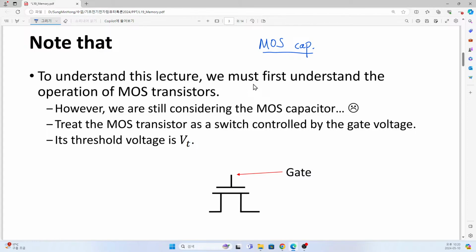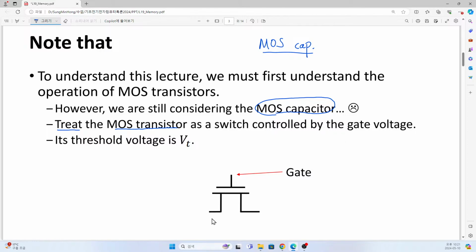So, in order to understand this lecture, we must first understand the operation of MOS transistors. Yes, however, still we are in the stage of MOS capacitor. It's a very initial stage, so it's not that good, but please treat the MOS transistor as a switch controlled by gate voltage.